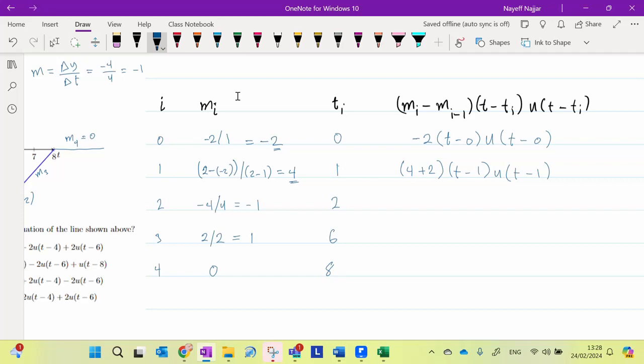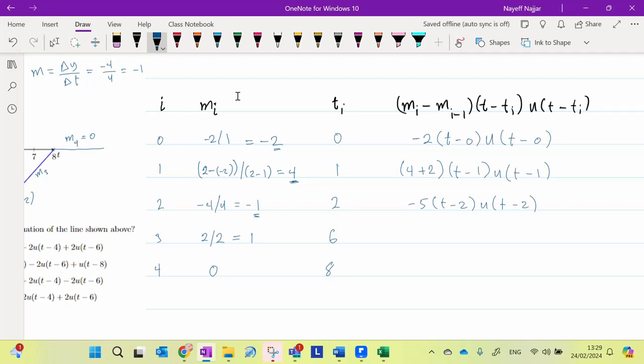For the next one you have minus 1 minus 4, that's minus 5, and then t minus 2, u of t minus 2.